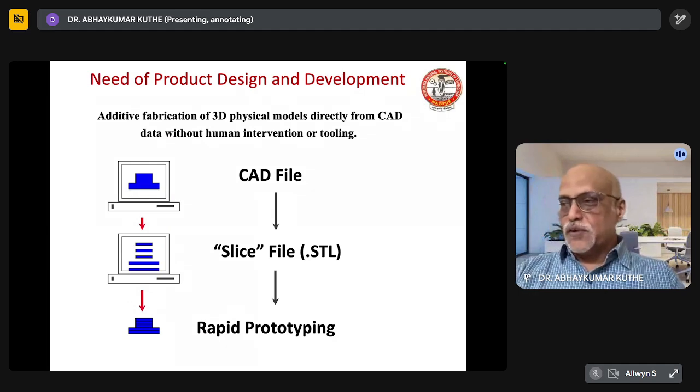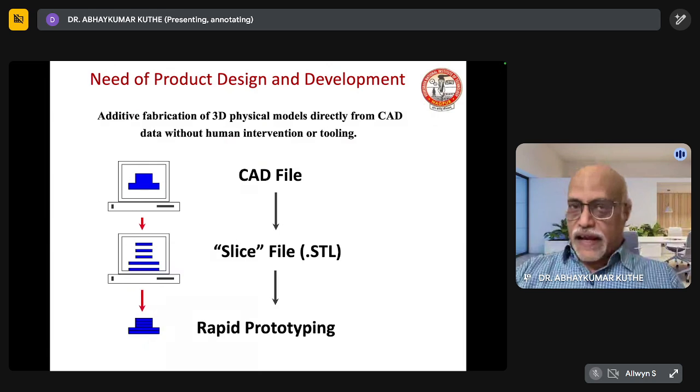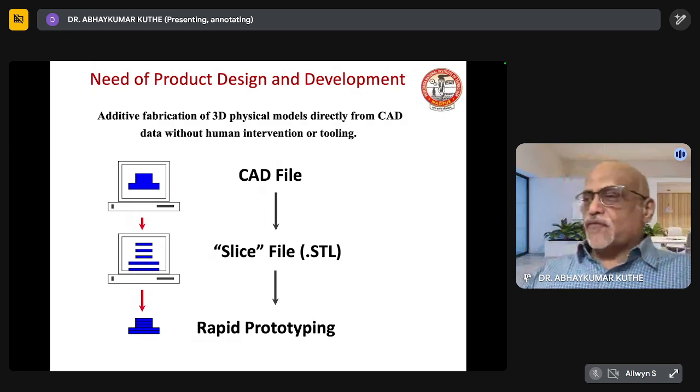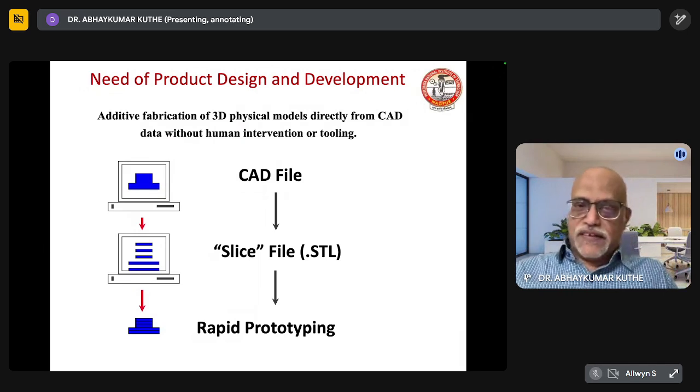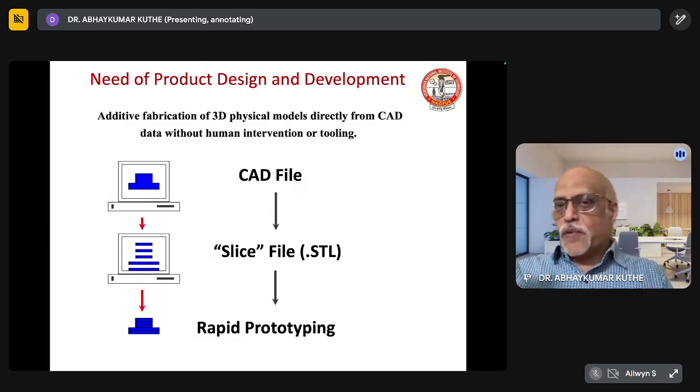Therefore, as newer products are to be designed and developed, you can use this methodology very easily compared to traditional manufacturing. Because in traditional manufacturing, the whole cycle takes a lot of time if the product is to be manufactured, even from the prototype point of view. But in this case, draw it on a computer and simply send the information to the machine, and it will give you the physical model. And that's what we generally say: there is a need for product design and development. This is necessary for the survival of the industry today.